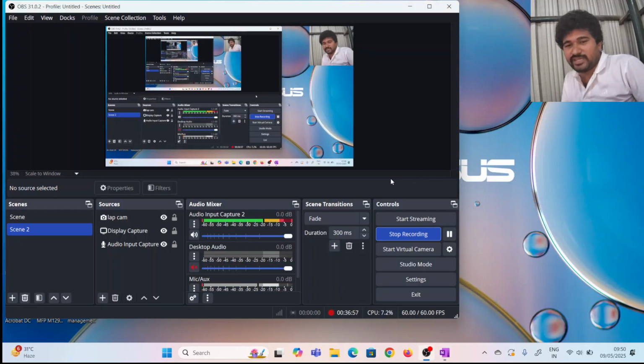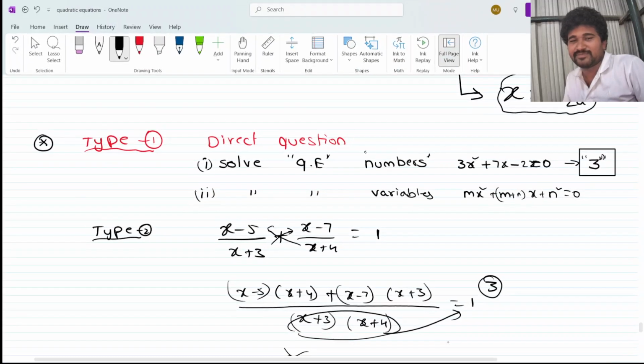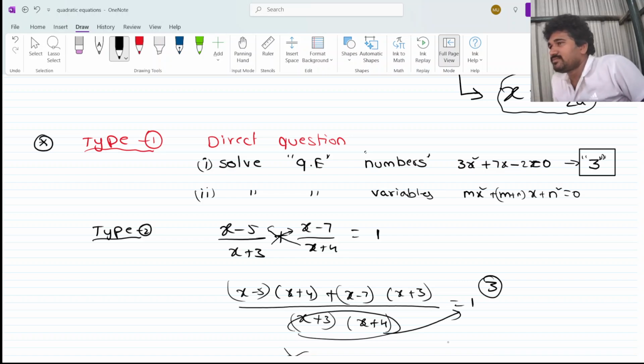No confusion, right? Understand? In one type we have to do 3, okay? Understood? So, concept is done.